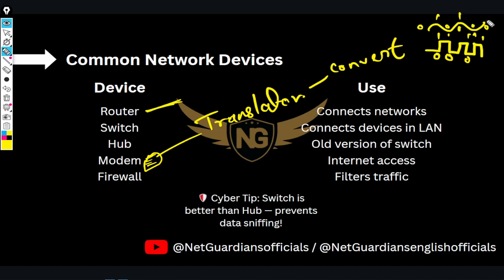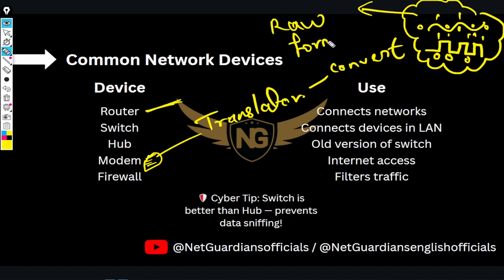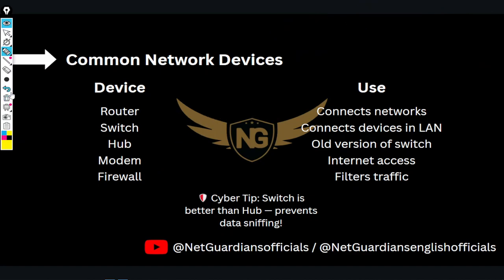So what it does, the modem captures the signal and converts it into the raw format, and vice versa: captures the raw format and converts it into the signal. That is all the modem does in networking. Nothing big, nothing complicated.